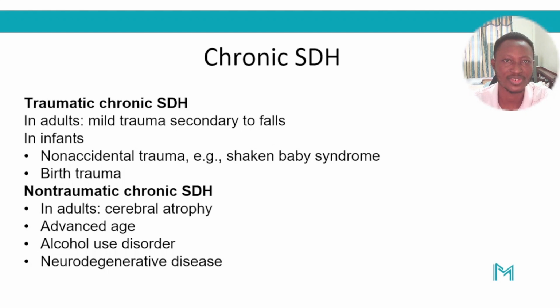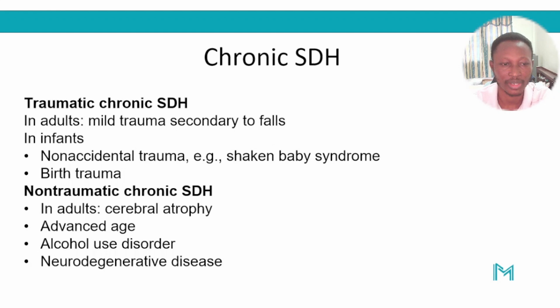It means that the bridging veins, which we said traverse the subdural space from the superficial cerebral vessels all the way to the dural vessels, now have to travel a longer distance, because that space widens. They get thin and long, and that increases their risk of tearing.